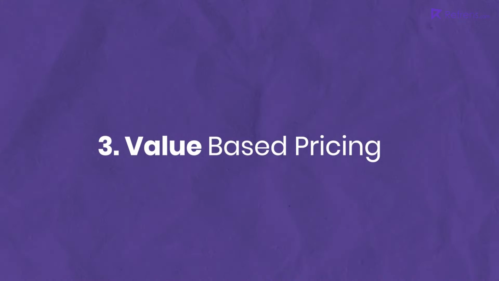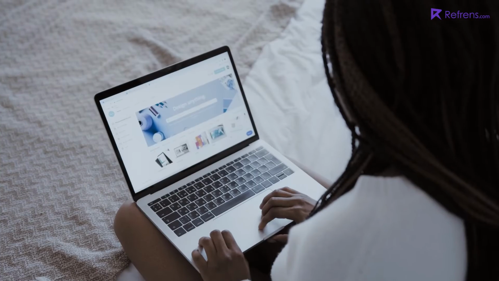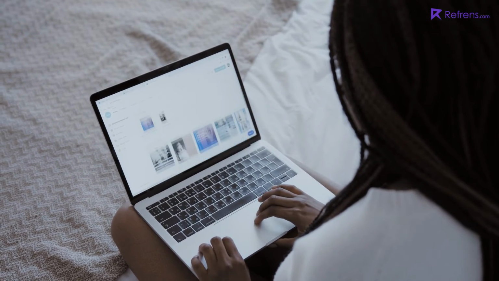The third kind of pricing is value-based pricing. In value-based pricing, you don't look at your cost, but you look at what will get delivered here. So assuming I am an SEO consultant for a small website, say they have 100 visitors a month, and after my effort, maybe they'll start getting 500 visitors per month.